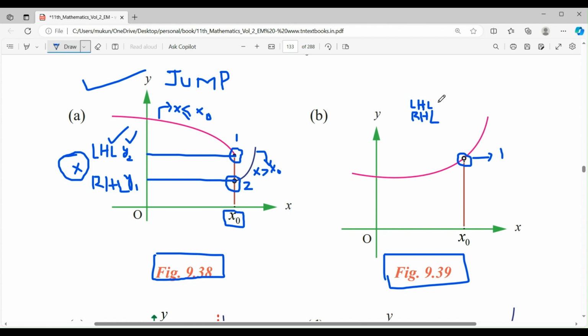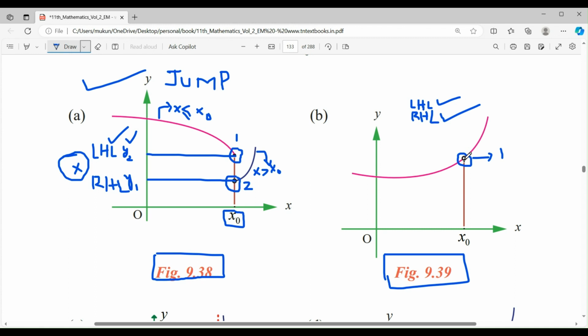And this graph very clearly indicates that my LHL and RHL are equal, right? Because you look at this, I have my point x naught, but on either side I have my LHL and RHL. And as these points get very close to each other on either side of x naught, they will tend to have the same limit, right? Because unlike the previous graph, we don't see a jump, right?